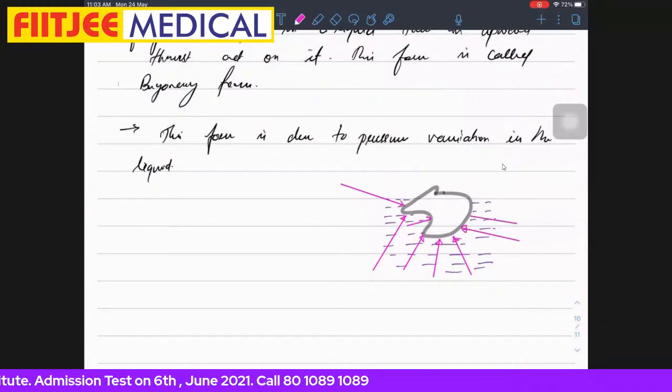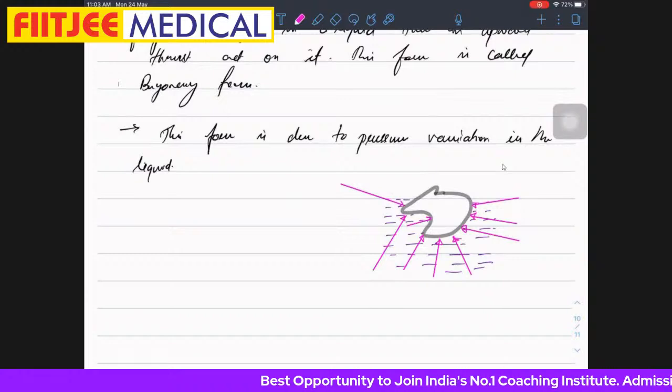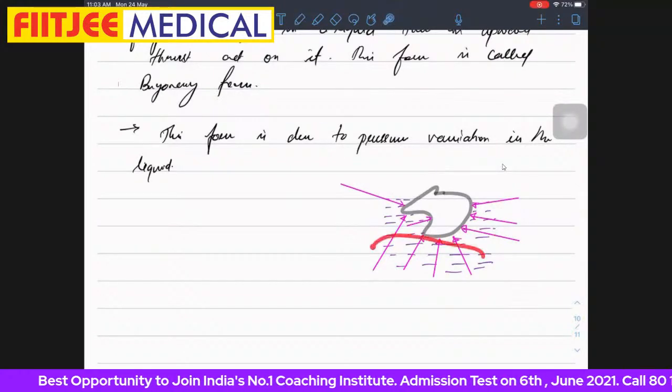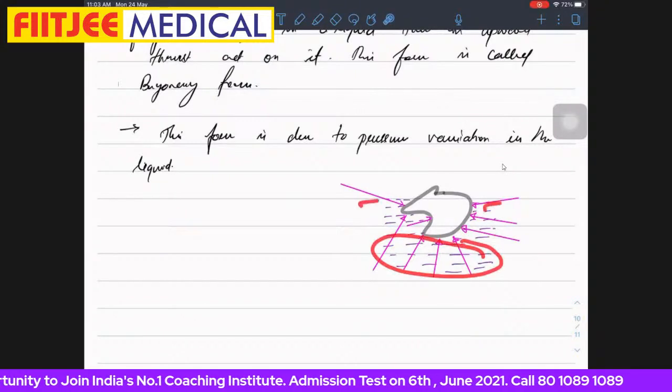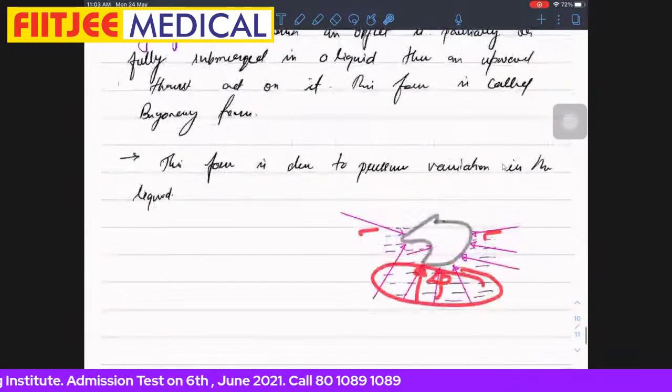And you know that in the downward direction, the pressure is increasing. So I can say the downward force will be more, meaning these forces will be larger compared to these forces. So they ultimately push the object upward. This leads to the buoyancy force.